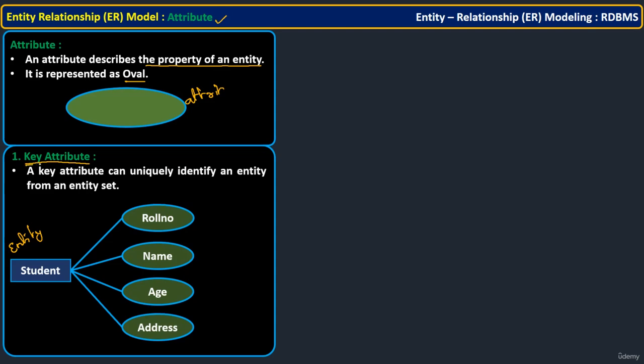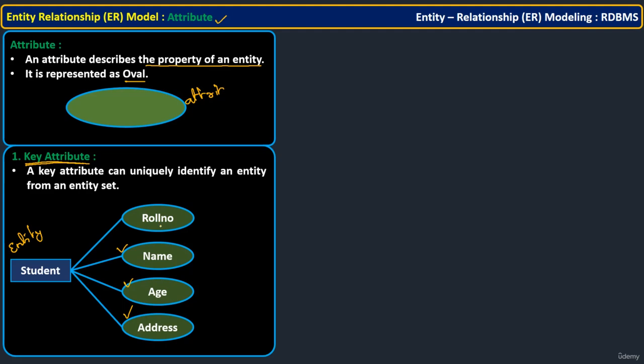Every student has these four things. If you select name as the key attribute, there may be two students with the same name. Age may be the same, and address too, so duplicate values are possible for all these three attributes. But for every student we give a unique roll number. There are no duplicate roll numbers for two students. That is why roll number becomes the key attribute.